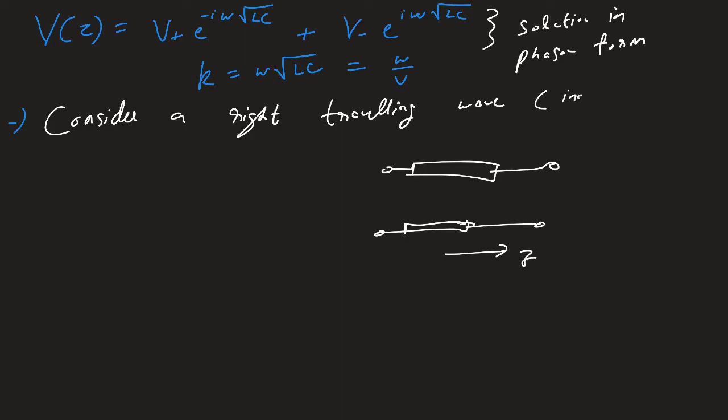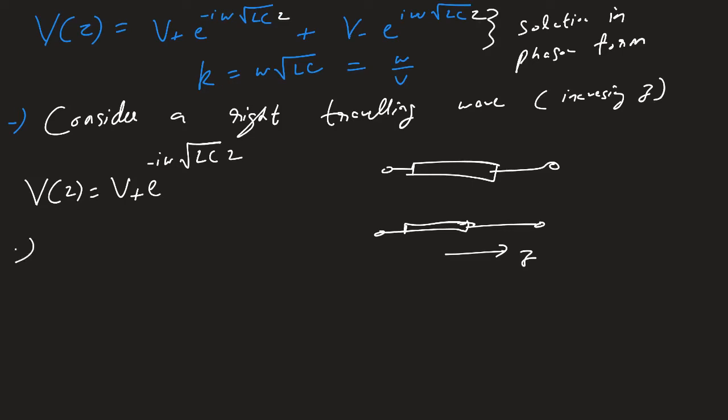So increasing z, right? Whatever direction that is. So for a right traveling wave, V of z is just V plus e to the minus i omega square root of LC z. Yeah, we missed the z dependence here. Apologies.